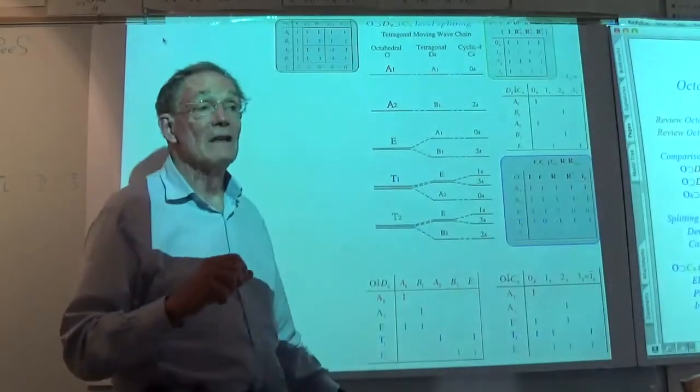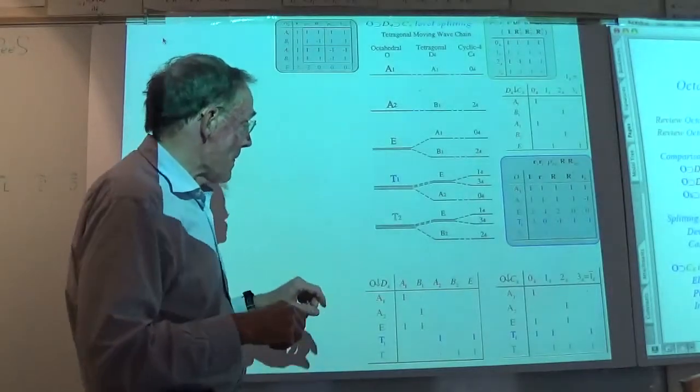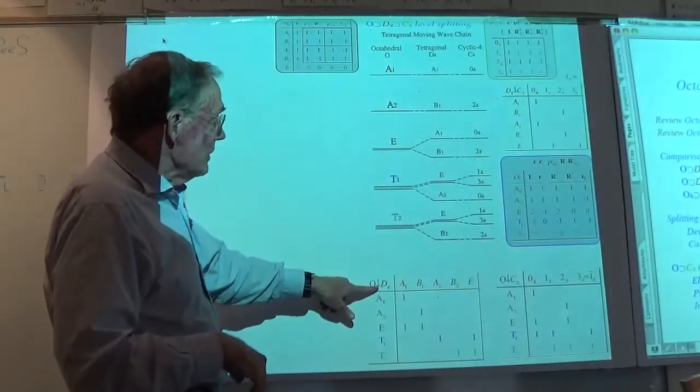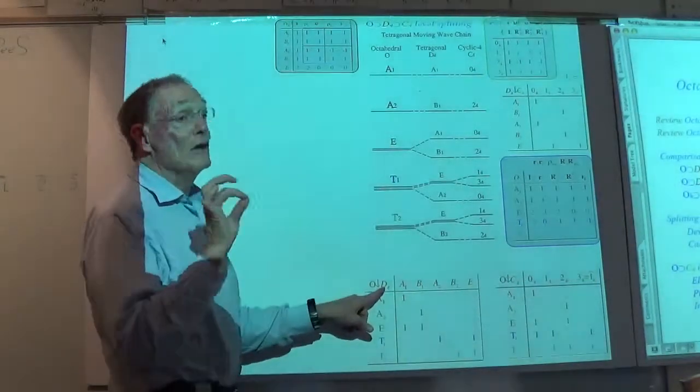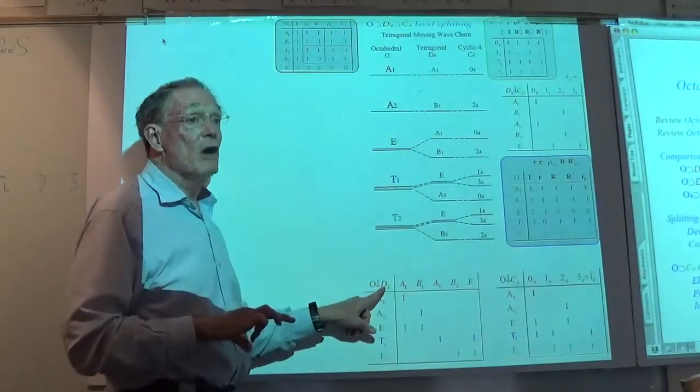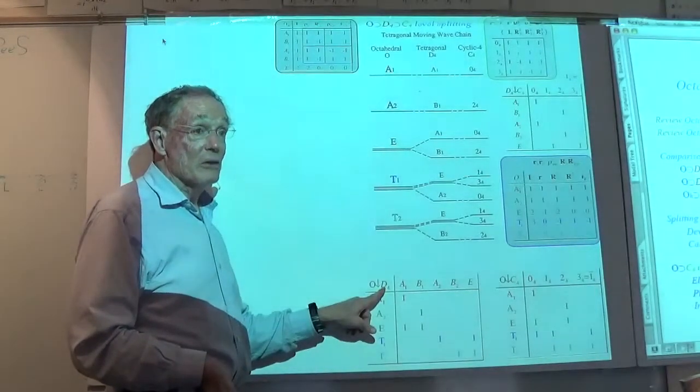The index of D4 in O is 3, right? Well, D4 has 8 elements and O has 24. So the ratio of those two numbers, just called the index, is indeed 3. 3 times 8 is 24.